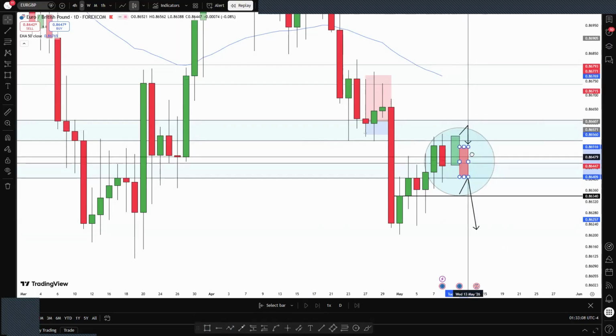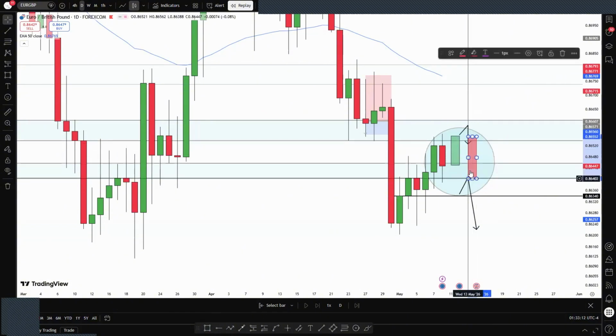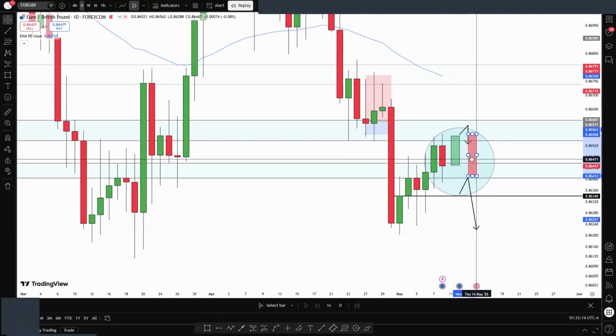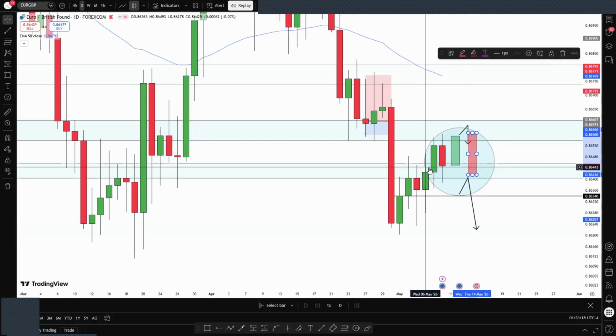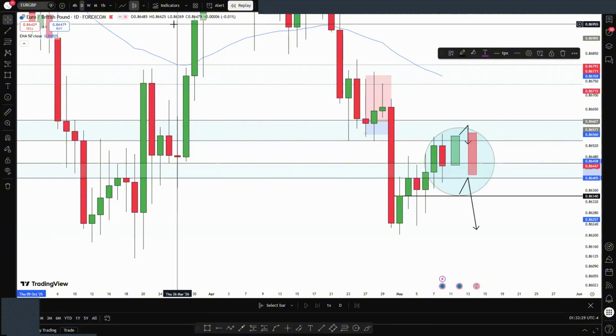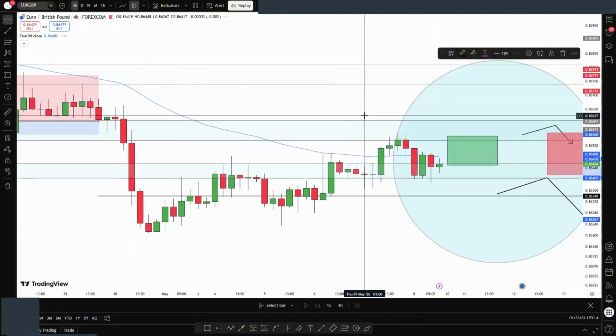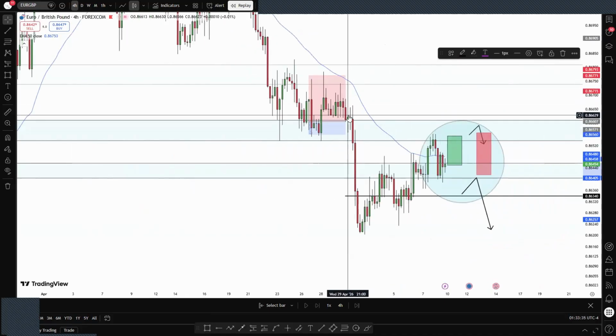I'll wait for Tuesday to give me that engulfing at this level. Once price has closed below this point, this market is ready to drop now. That's how I go about such trades, when I see the break at this level.